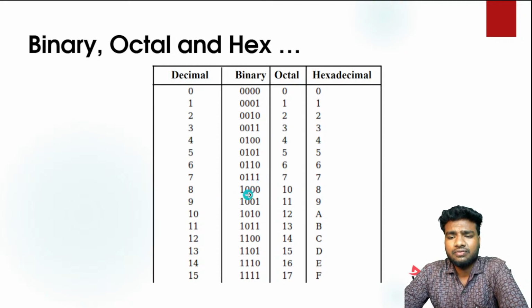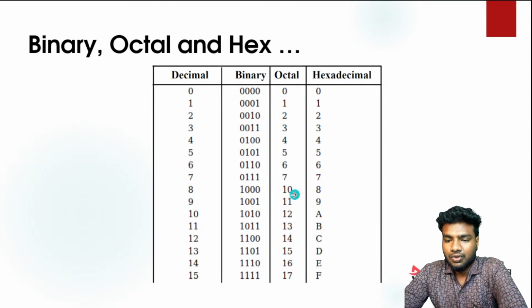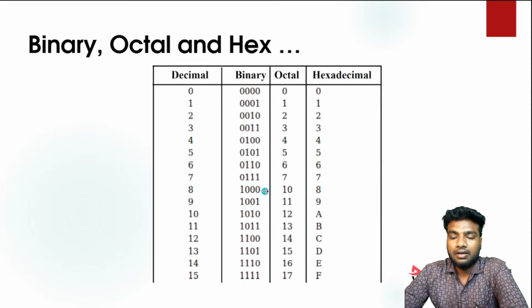Just group the first 3 LSB bits. If we group, we have one value, 0 0 0, that is 0, and then the remaining 1, I just write that 1. So this is the way of converting binary to octal: by grouping the LSB 3 bits and then converting into a single octal digit, like 000 means 0.